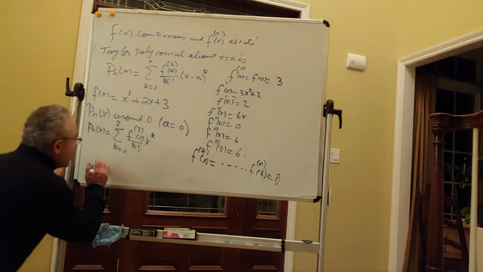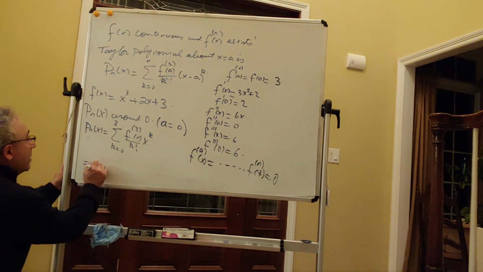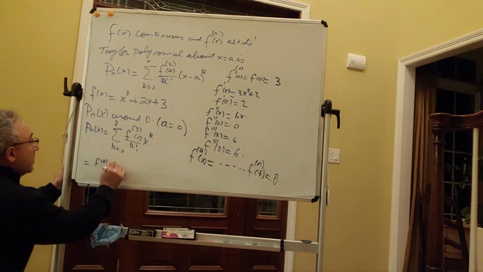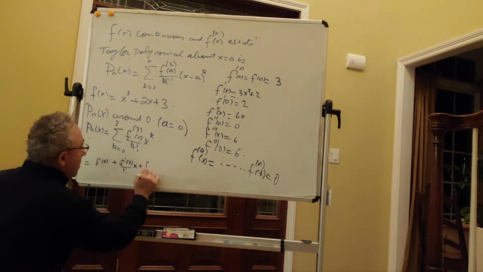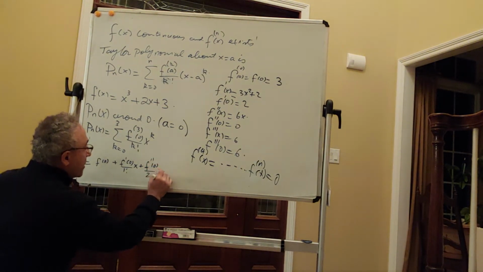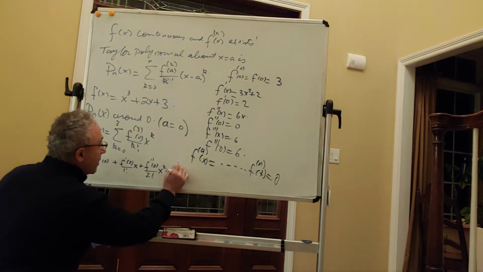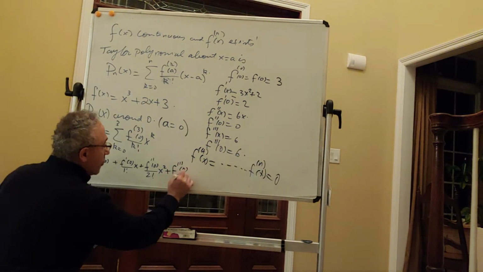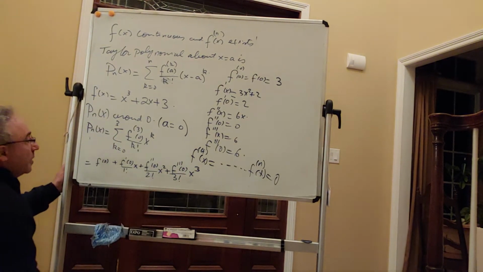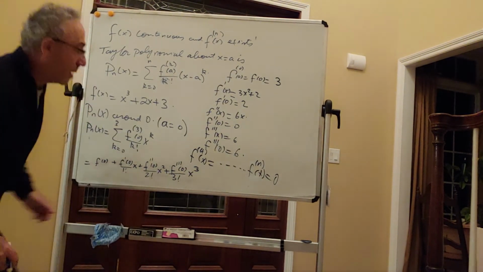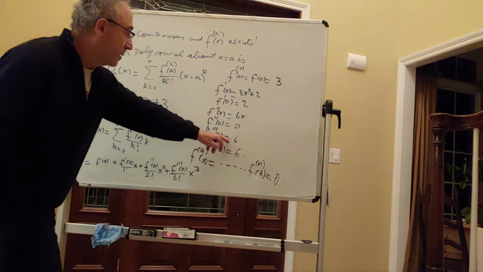So if you write this, this is going to be f of 0 plus f prime of 0 over 1 factorial times x plus f second of 0 over 2 factorial times x squared plus f third of 0 over 3 factorial times x cubed. And then you can put these values in here.